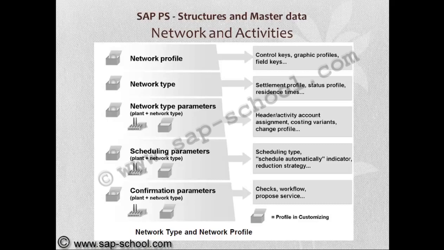Network type parameters, those are of plant plus network type, is header and activity account assignment, costing variants, change profile, etc. Scheduling parameters of plant plus network type combination having scheduling type, schedule automatically indicator, reduction of strategy. Confirmation parameters based upon plant plus network type combination checks, various checks, workflow, proposed services, etc.